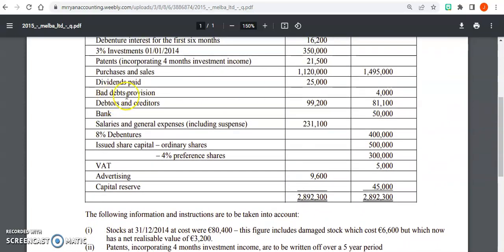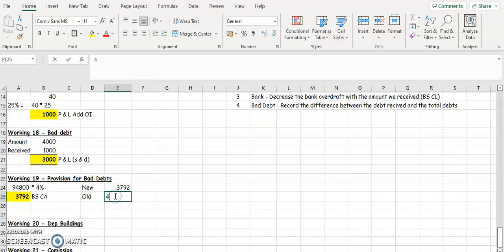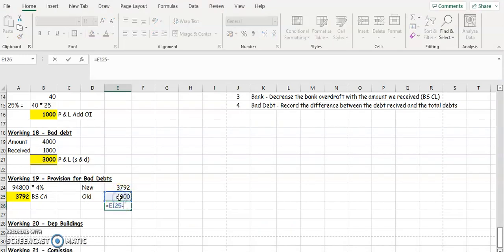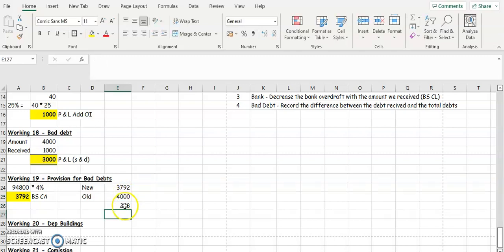We have a bad debt provision of 4,000. So this is a decrease. If it's a decrease, it's extra money we're going to receive. So we're going to get an extra 208. That's going to go to your profit and loss, added to operating income. So it's an extra 208 that we didn't think we were going to get, but we are.